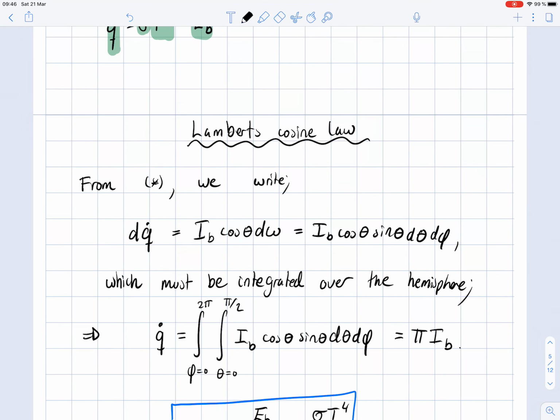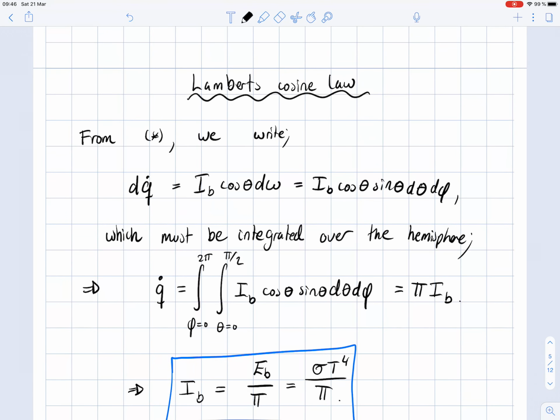Now, from the cosine law, we had dq dot d omega equals I_B cosine theta.